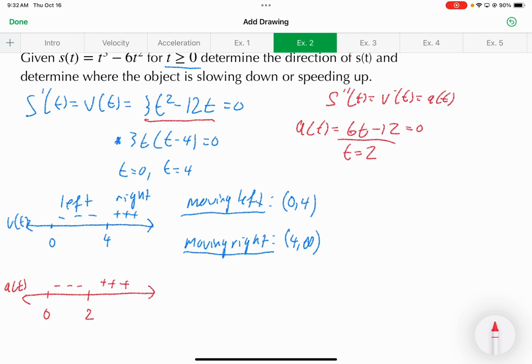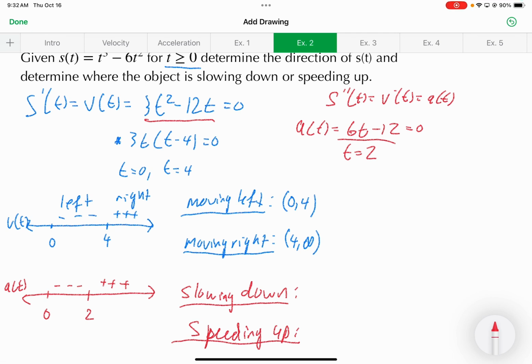Acceleration just tells me where my velocity is increasing or decreasing. Now, I want to figure out where it is slowing down and where it is speeding up. And again, I need to know the sign of both my velocity and my acceleration in order to figure that out.